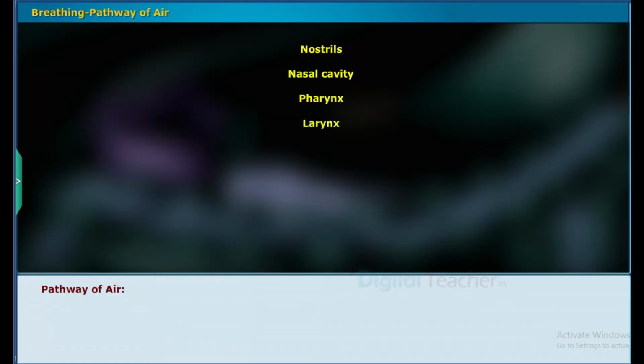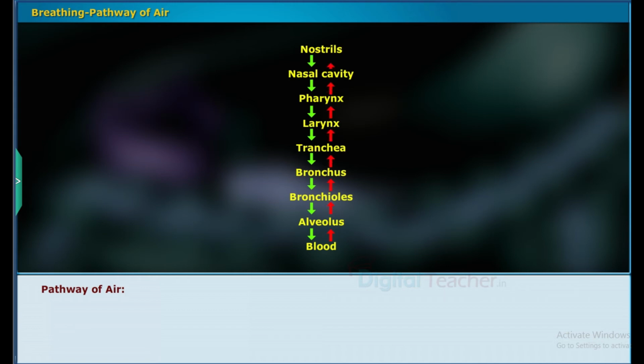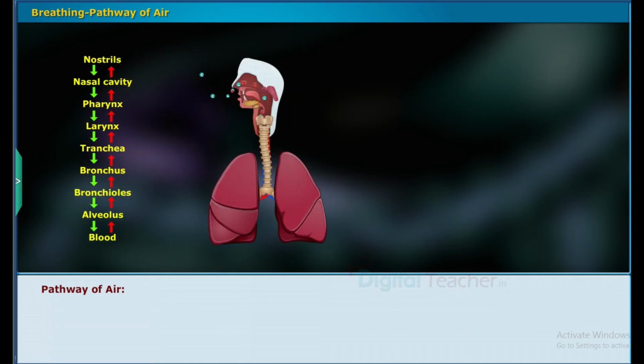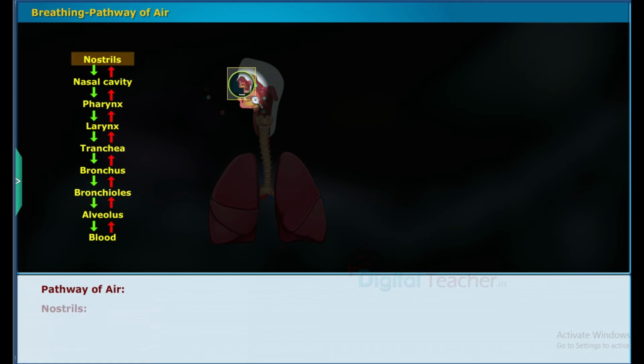The path of air from nostrils to alveolus. Nostrils.